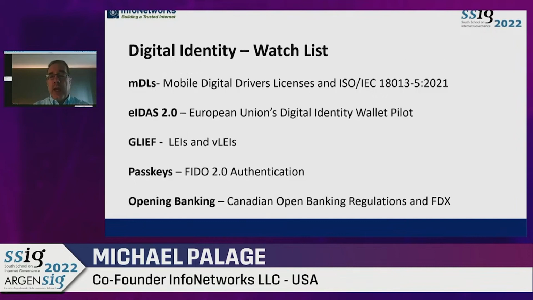One of the things that I think is important, and what I would like to leave with the community here today, are a number of things that I think are important to be looking out for on the horizon over the next 12 months. One of the things that I think is most notable is the ISO standard on mobile digital driver's license.